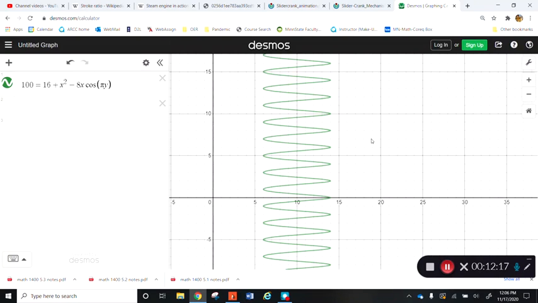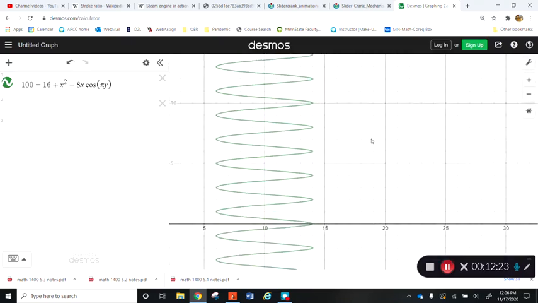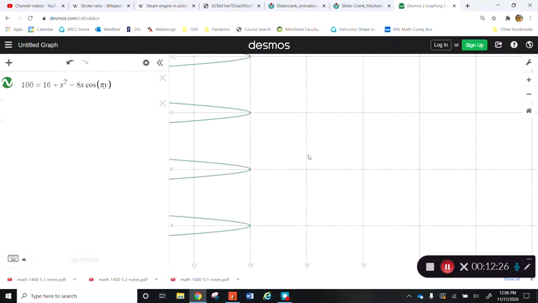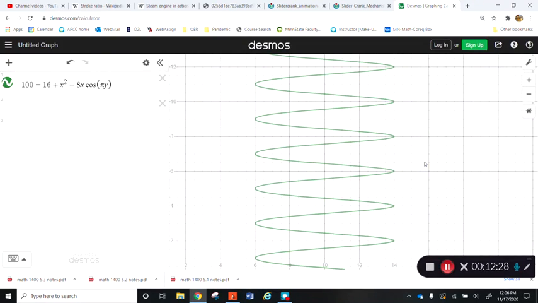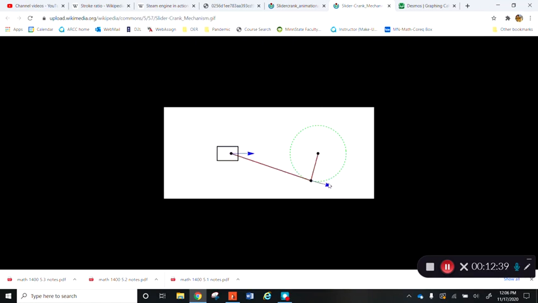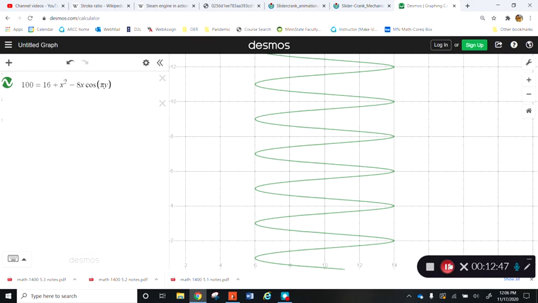This is the subject in calculus you'll encounter later, called related rates, because we're looking for the relationship between the angular speed of the wheel and the linear speed of the piston as it bounces back and forth. So there we go. That's the example.